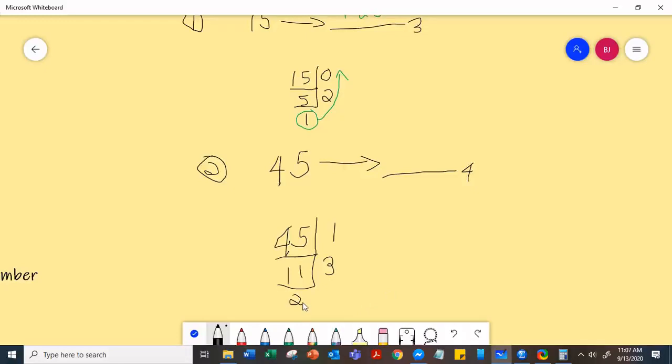Because the last digit is already less than 4, we stop. As mentioned, we stop when the quotient is lesser than the base itself. So the answer would be, going upwards, 2, 3, 1, base 4.